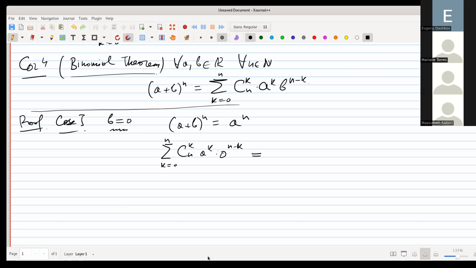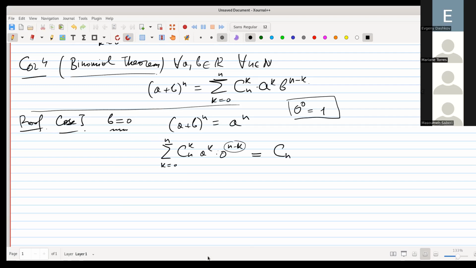When does 0 have a non-zero power? 0 to 0. Of course, 0 to the power 0 is always 1. So we will have just one non-zero summand, namely when k equals n.